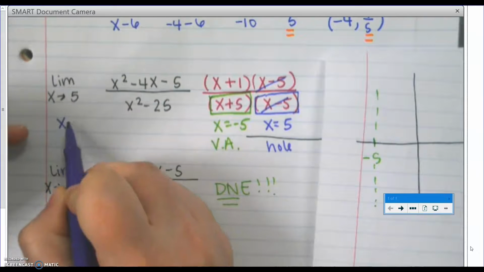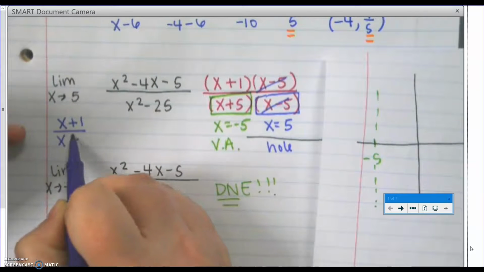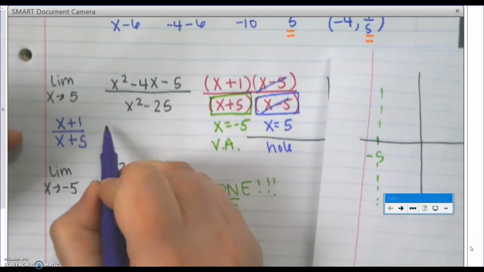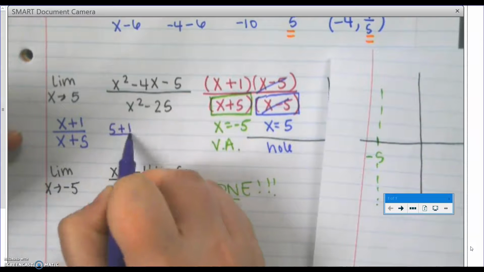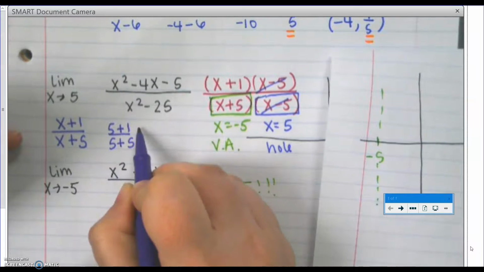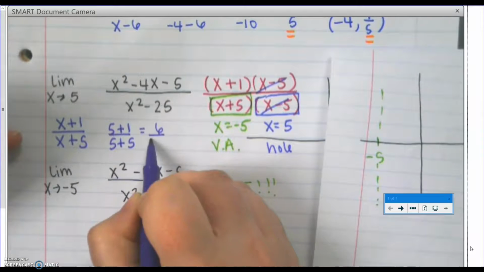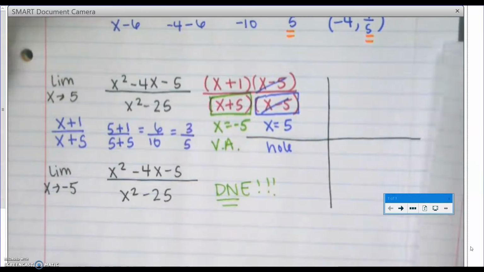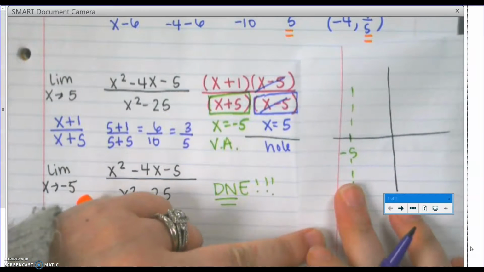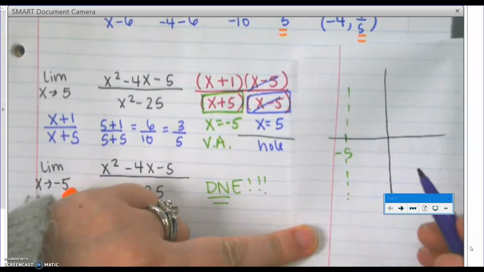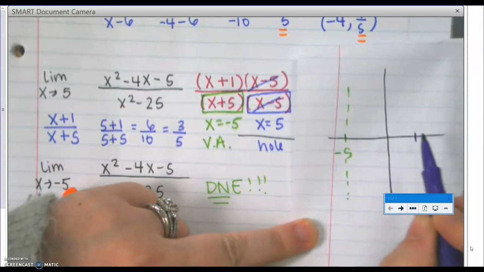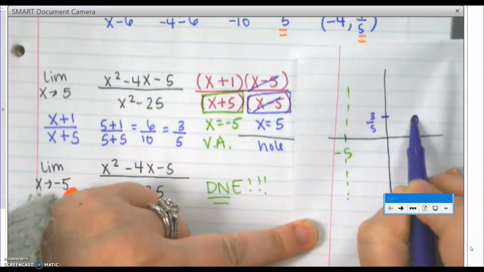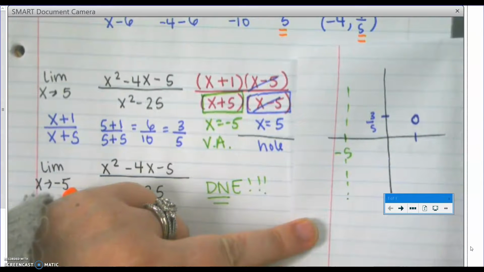So I'm going to use the simplified version. And I'm going to plug in 5. So 6/10 reduces to 3/5. So I have a hole in my graph at the point 5 and 3/5.